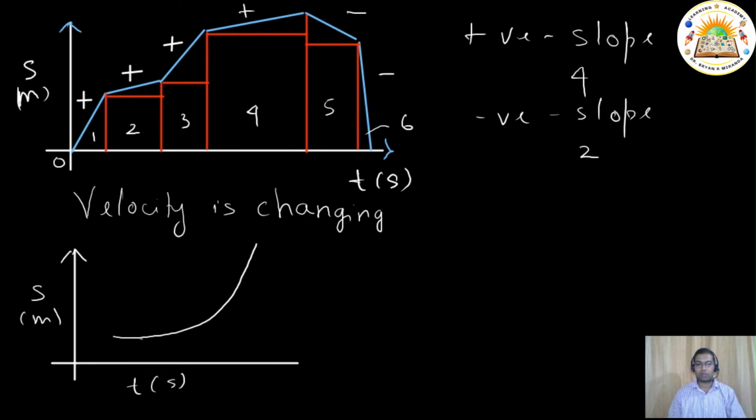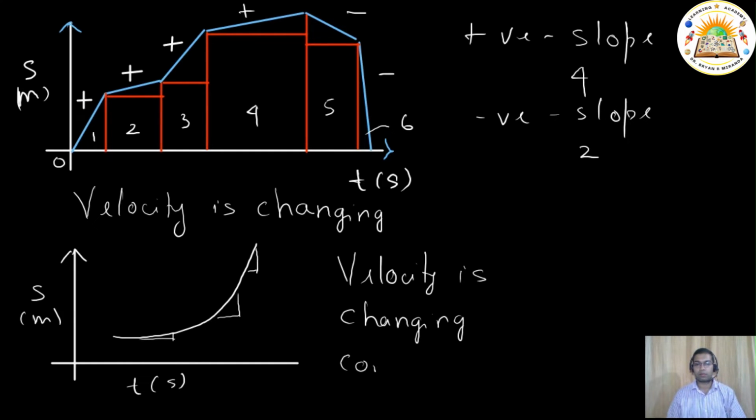That means if I take the slope here and the slope here, compared to the slope here, it's going to be different. So here also the velocity is changing, but the change is continuous. So the velocity is changing continuously. This is the understanding that we get from the displacement time graph.